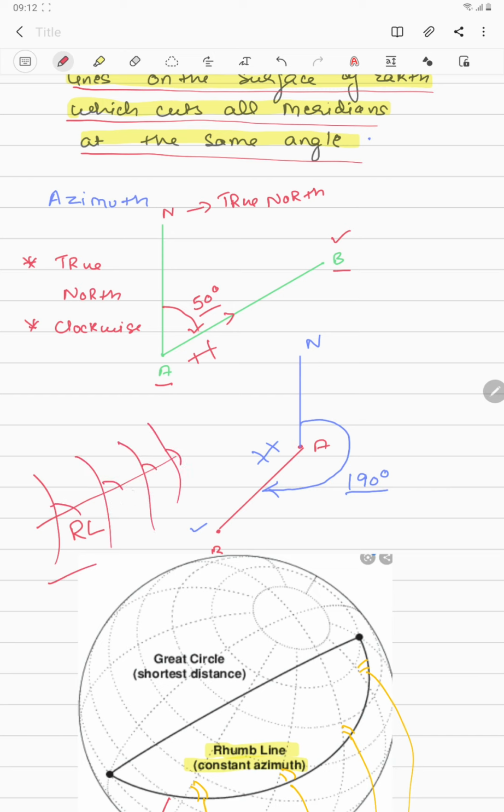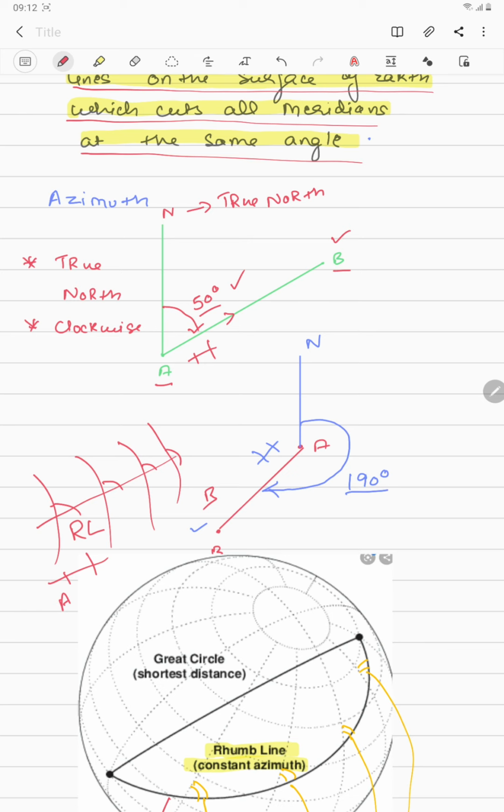So if I am flying from point A to point B, guys, I don't have to change my track. I have to follow this constant azimuth, meaning I have to follow this constant 50-degree angle to reach my point B. I don't have to change my angle or my track till I reach my destination.